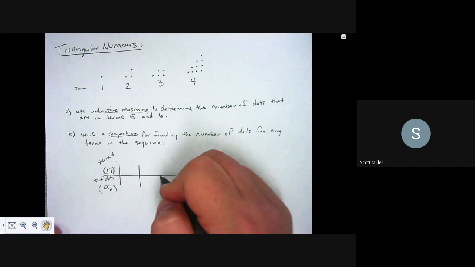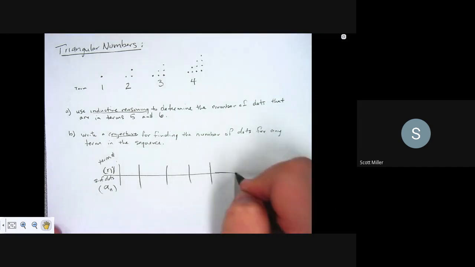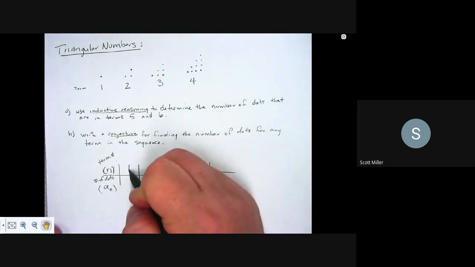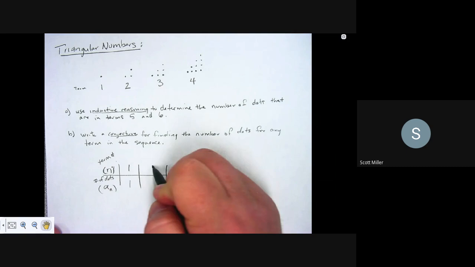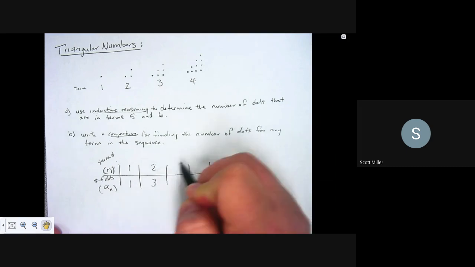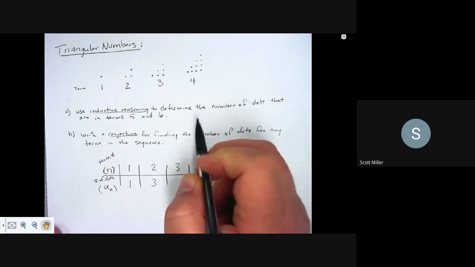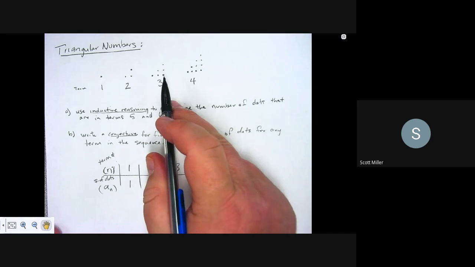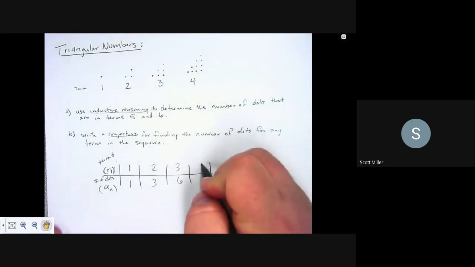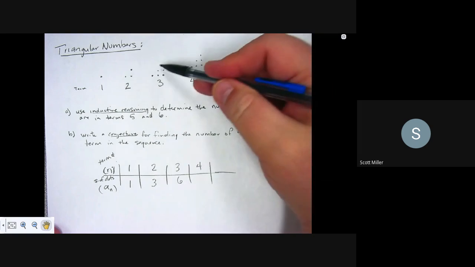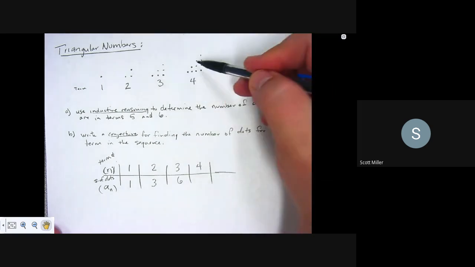Okay? Being consistent with what we did in the past. In term number 1, we have 1 dot. In term number 2, we have 3. In term number 3, you count them out here, we have 3 plus 3 more, so it's going to be 6.